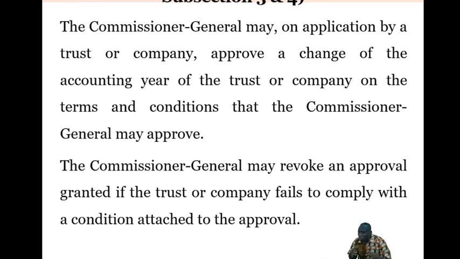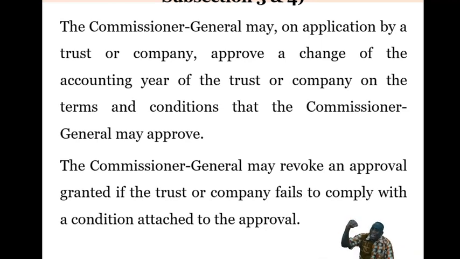Something that cannot make it smooth for you. You understand? Number one, when it comes to the anti-avoidance provisions regarding change in accounting year, you need to apply to the Commissioner General for approval to change. The application normally must be in writing, and must give reasons why you want to change the accounting year. And it's not just giving the reason, but making sure the reason is justifiable.